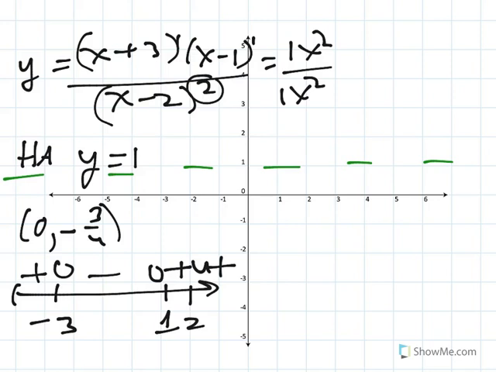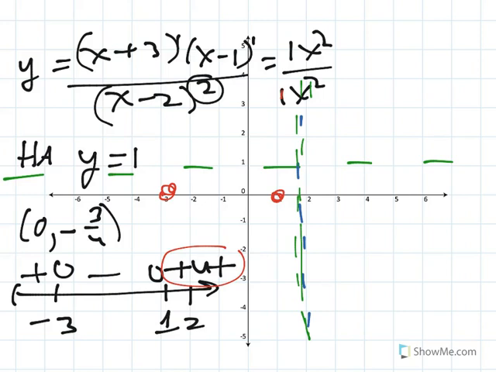So we have one asymptote at 2. Have a couple of x-intercepts, one at -3 and one at 1. Also useful, next to this undefined we have plus, undefined, plus.